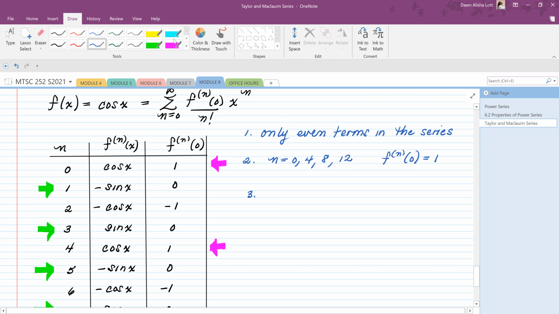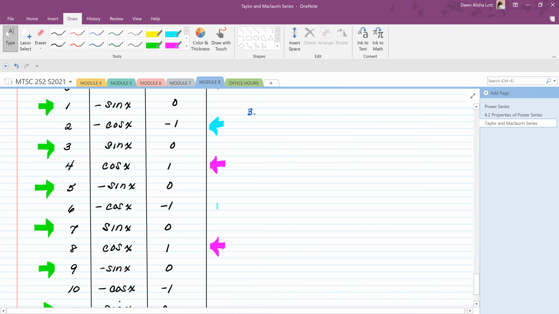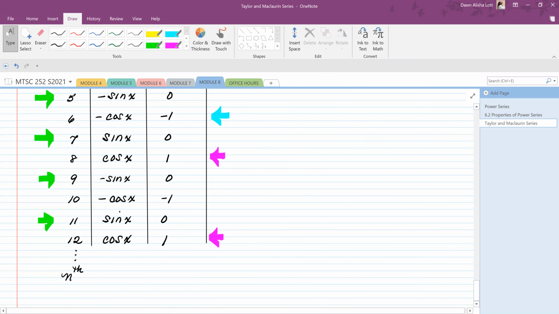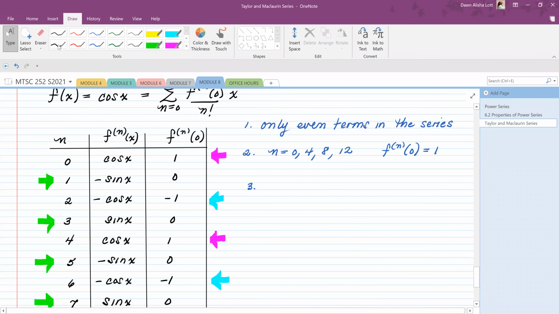But now I see at 2, 6, and 10, it is equal to -1.